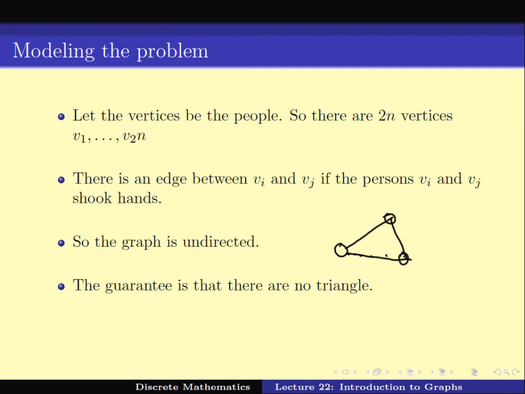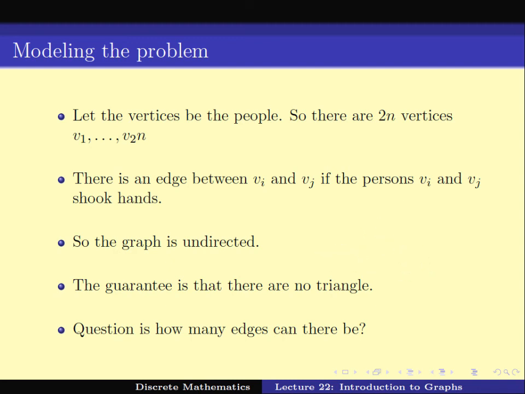And now we are asking how many handshakes can there be? So in other words, how many edges can there be? So the problem reduces to a nice problem in graph theory: a graph on 2n vertices without a triangle, how many edges can there be?